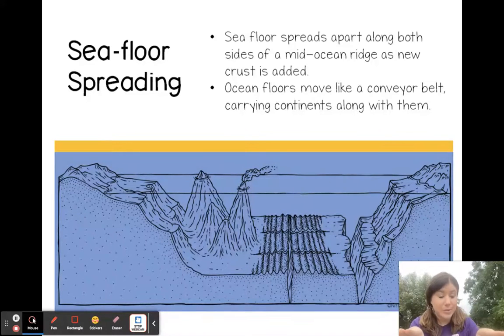So it happens at divergent plate boundaries, which eventually form oceans. So you get this ridge in the middle of oceans that is constantly creating new crust, causing oceans to become larger and continents to spread apart. This was Hess's contribution to the theory of continental drift, and this is really when we start calling it plate tectonics instead of continental drift.